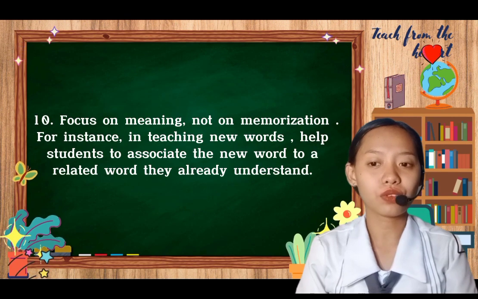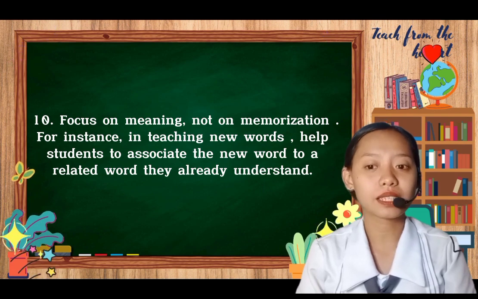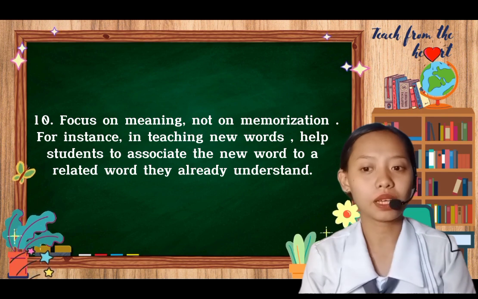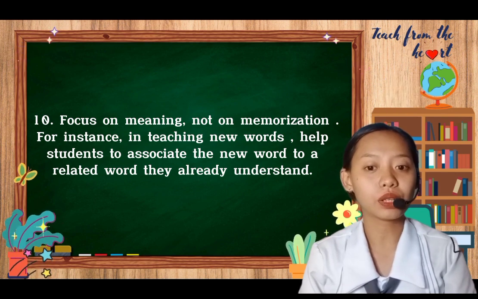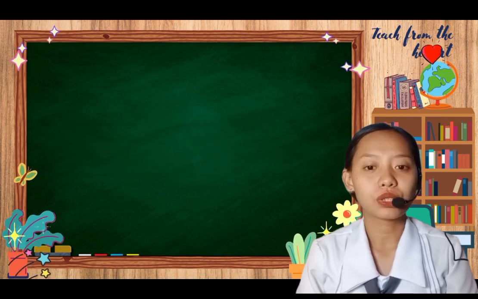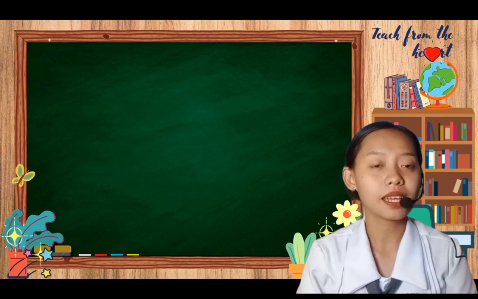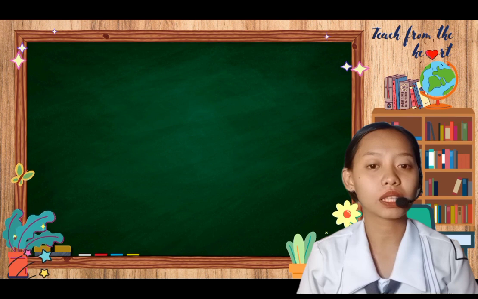Number 10. Focus on meaning, not on memorization. For instance, in teaching new words, help students to associate the new word to a related word they already understand. So as a teacher, we must help our students understand the meaning of that word, and it's not all about memorization.